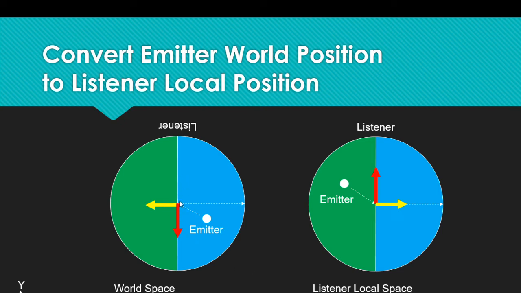So here we have the initial state where the listener is facing backwards, downwards, and the emitter is to the left of them, and then we reorientate the listener into facing forwards or a neutral position, and that emitter has to be rotated round so it's still to the left and slightly forward of them. So how do we move the emitter into the listener local space?